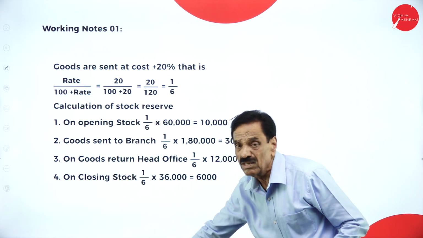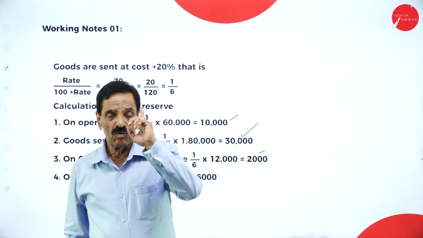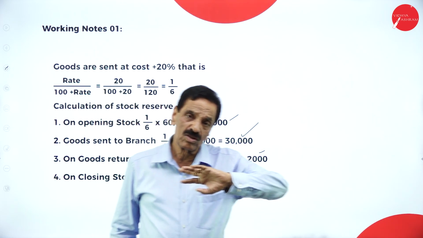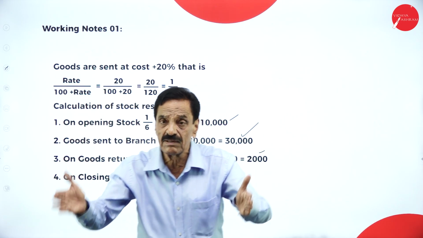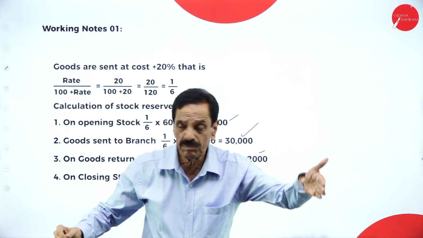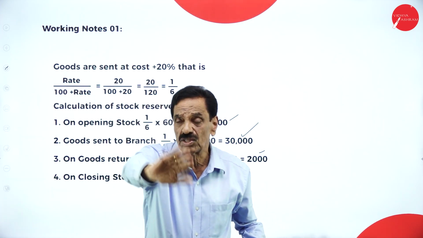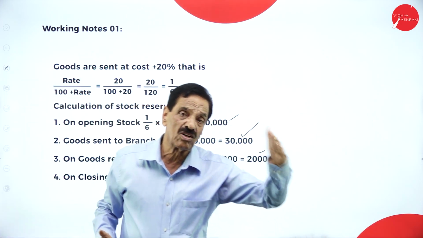In examination, we have to calculate like this: opening stock, closing stock, goods sent to branch, goods returned by the branch. How will it be? Opening stock, stock reserve. Goods sent to branch, stock reserve. Goods returned to head office, stock reserve. Closing stock, stock reserve.